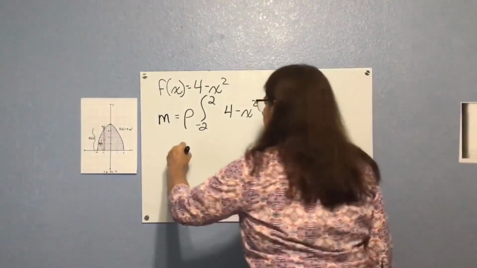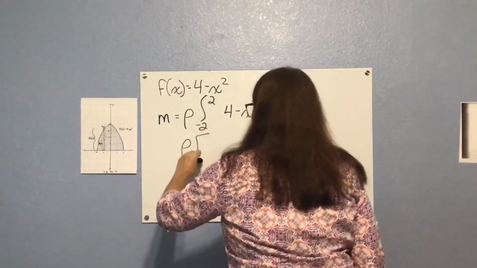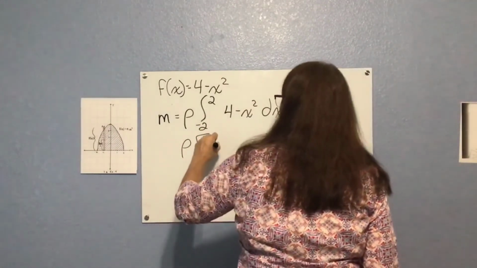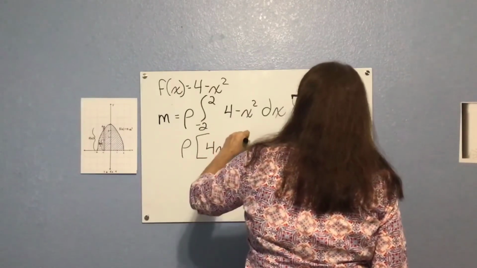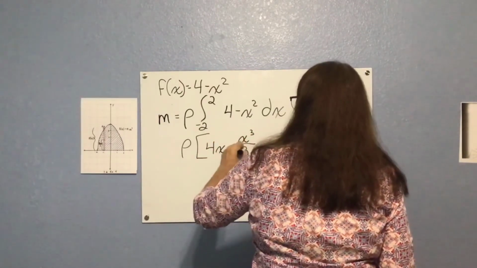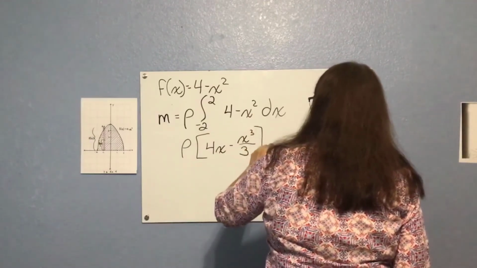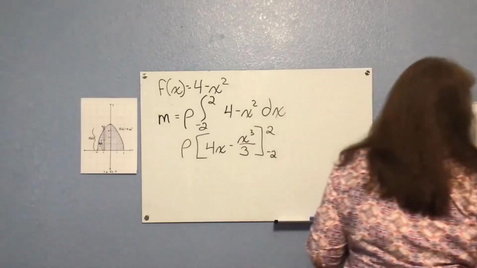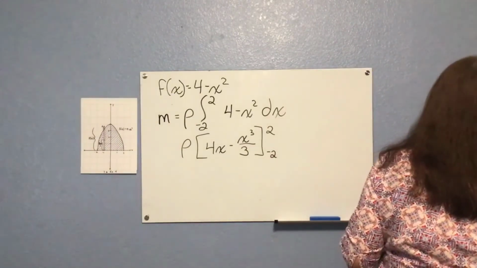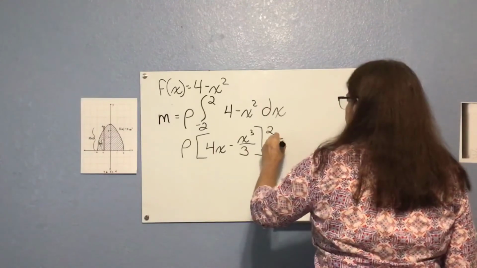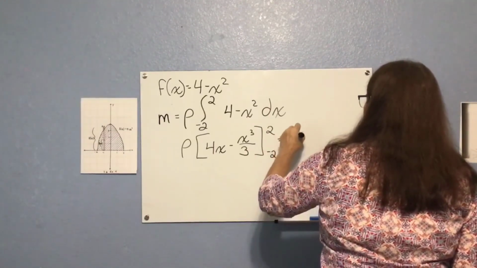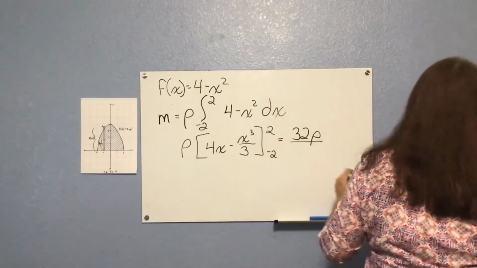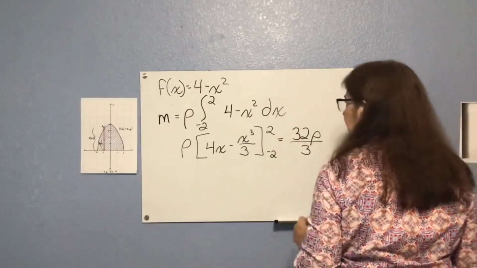Okay, so we're going to integrate now. And we get 4x minus x cubed over 3, evaluated from -2 to +2. And so this is going to be 32 rho divided by 3. That's our mass.